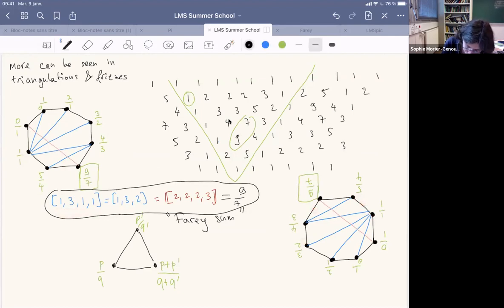So what we can deduce is that when you reverse the sequence in this fraction, then what you will get is this. But anyway, I see that there's only 5 minutes. Does this answer the question?